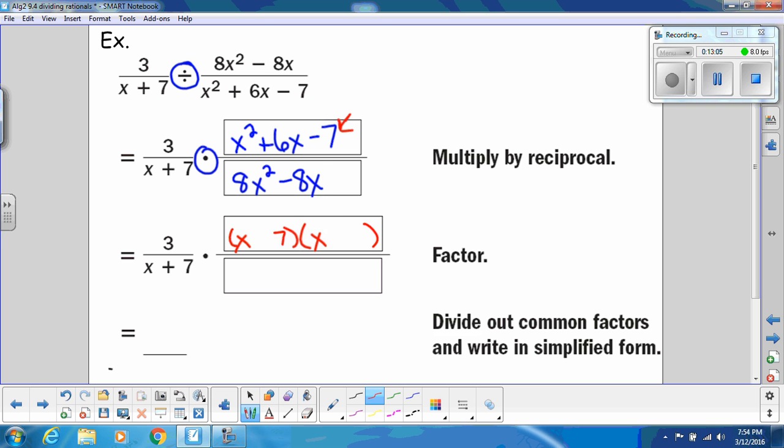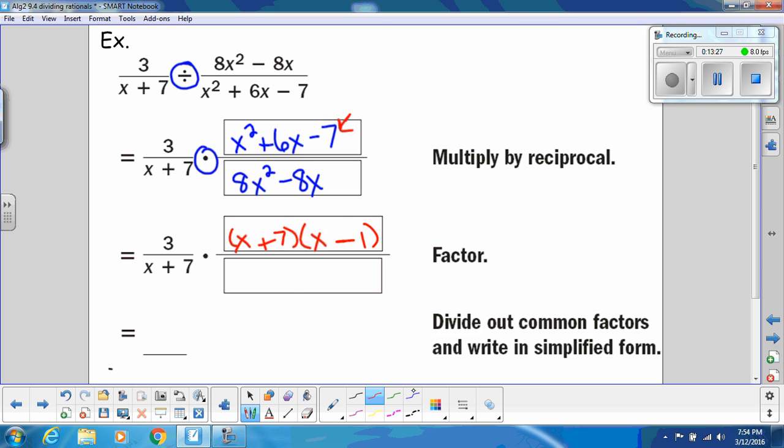So I have to do 7 and 1. And since I want to get -7, I would need 1 to be positive, 1 to be negative. So do I want it to be 7 minus 1 to equal 6, or do I want 1 minus 7 to equal 6? You got it. 7 minus 1. So I want +7 and -1.